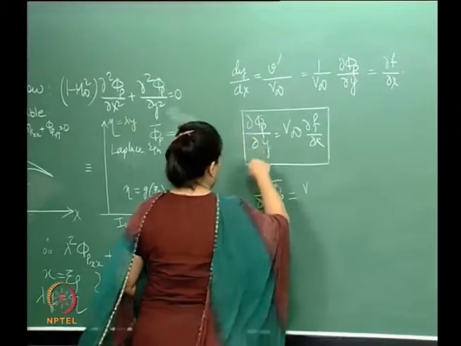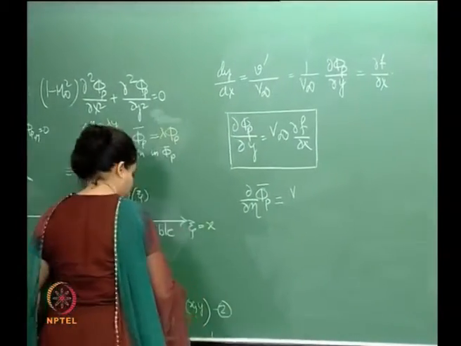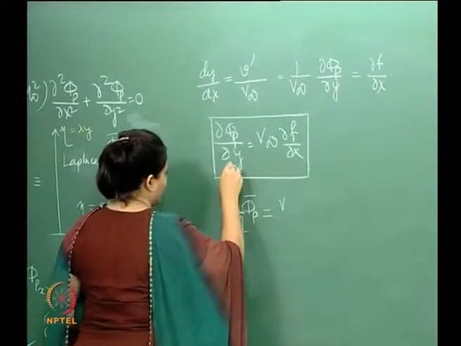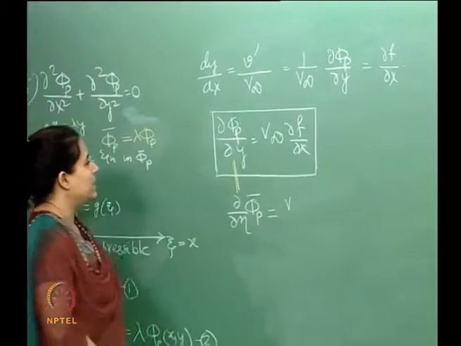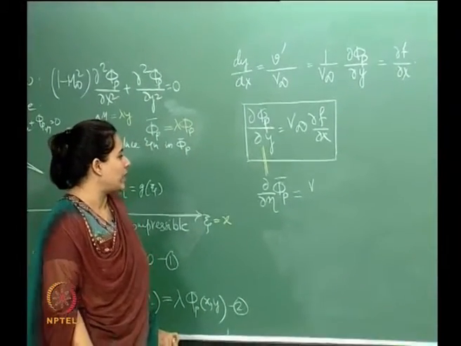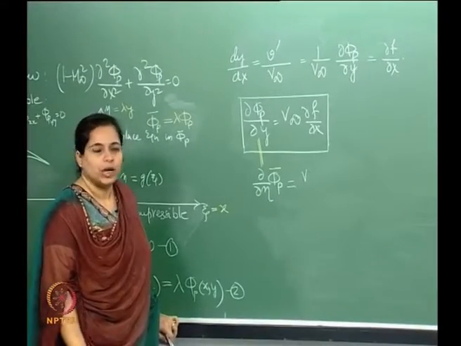So therefore, from our transformation, del phi p del y is actually equal to del phi p bar del eta.